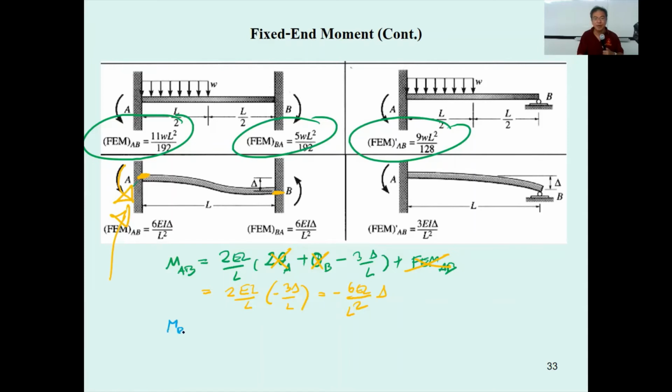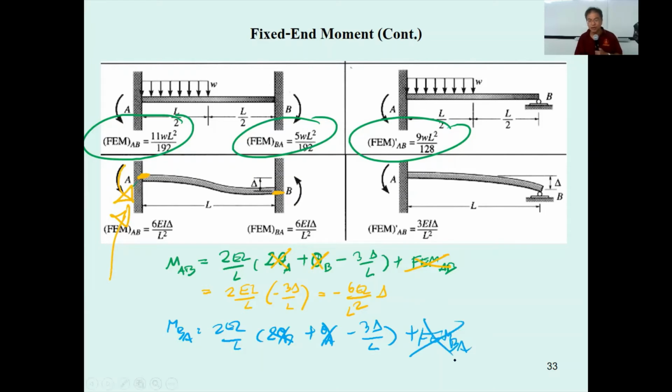The m sub BA is equal to 2EI over L, 2 theta B 0 plus theta A 0 minus 3 delta over L, plus the fixed end moment BA, or 0. You will get the same result.